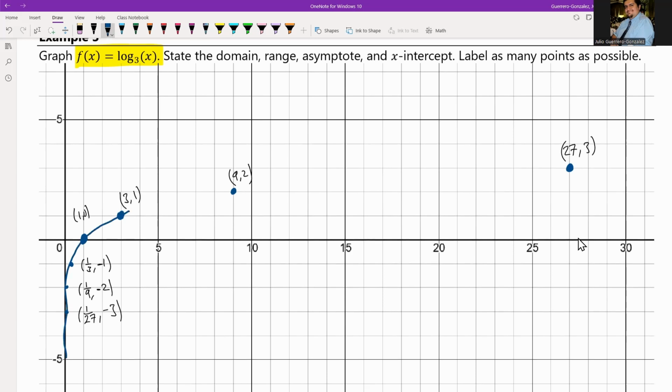There's a reason why I like Desmos so much. It can graph these already. There's our final graph for log base 3.